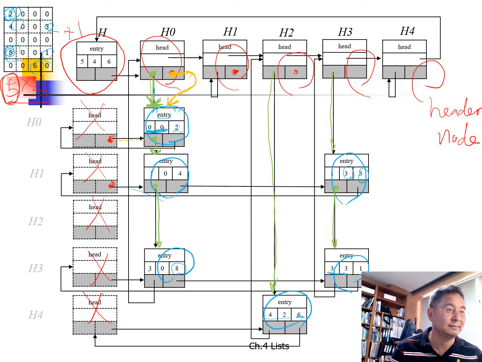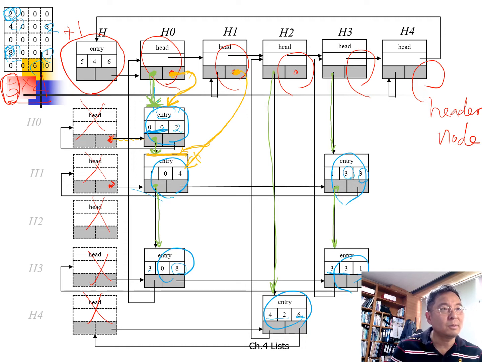Okay, first one. And how about this one? Yes, this H1 right field will point to this one. This node's first address will be stored in this link field.